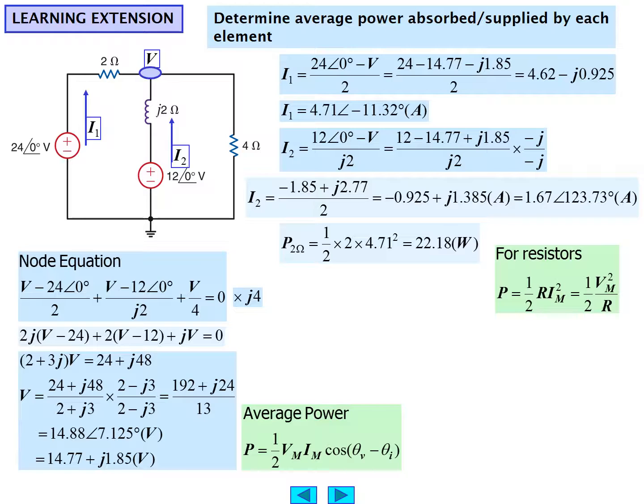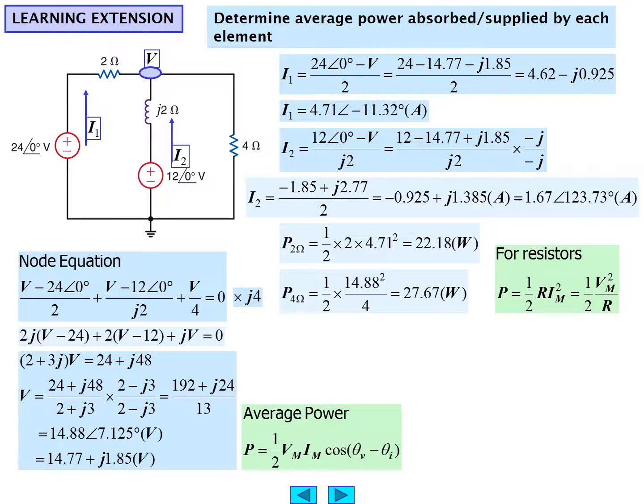I1 was 4.71. We don't need to worry about the phase angle for I1 because the voltage and the current are in fact in phase, collinear. So 1/2 times 2 times 4.71 squared is 22.18 watts for the power in the 2 ohm resistor.